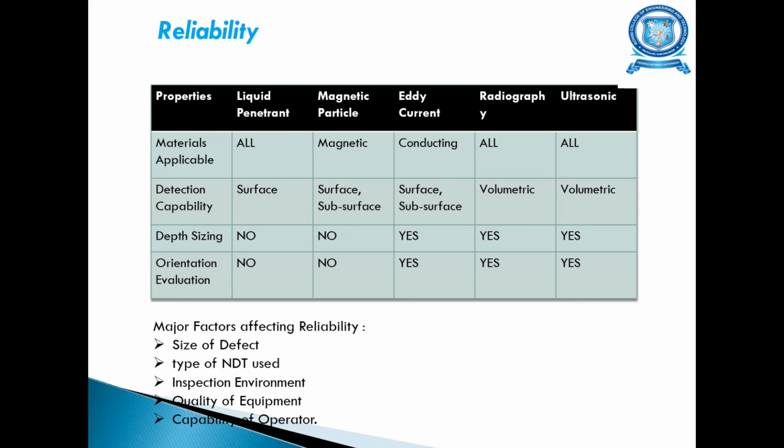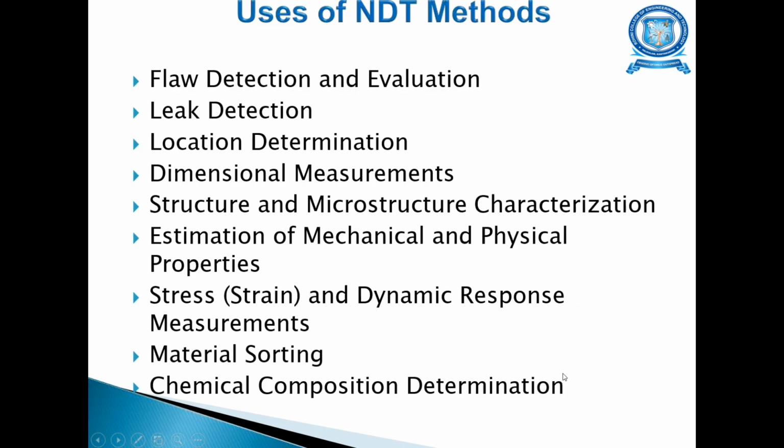So the following are the major factors that affect the reliability: the size of the defect, the type of non-destructive testing method used, inspection environment, quality of equipment, and capability of the operator.